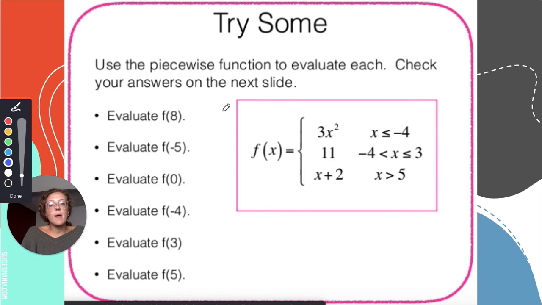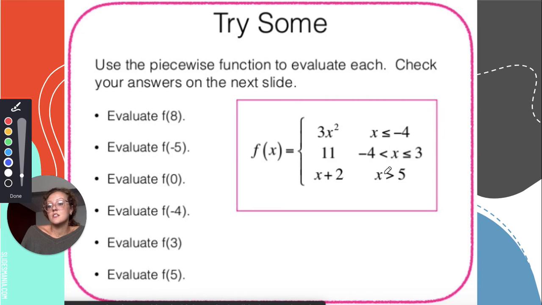Before I even think about plugging it into one of these, I need to know where it falls. So I ask myself, is 8 less than or equal to -4? No. Is 8 between -4 and 3? No. Is 8 greater than 5?